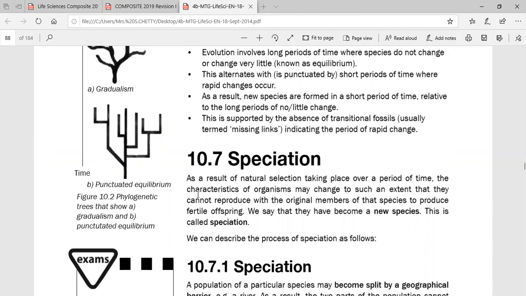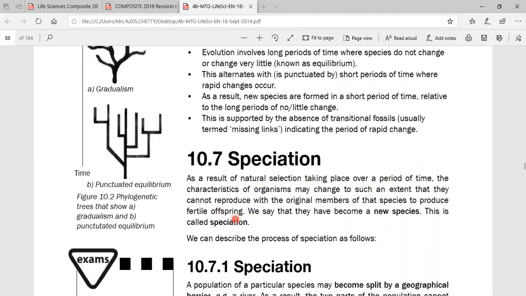As a result of natural selection taking place over a long period of time, the characteristics of organisms may change to such an extent that they cannot reproduce with the original members of the species to produce fertile offspring.